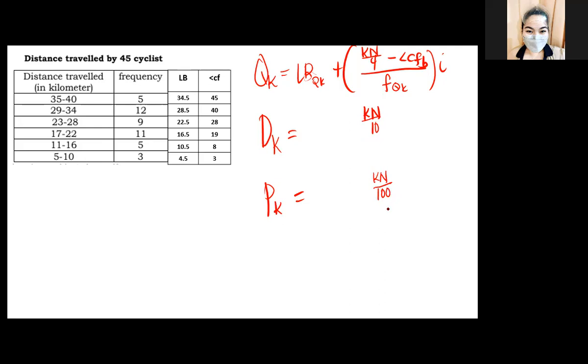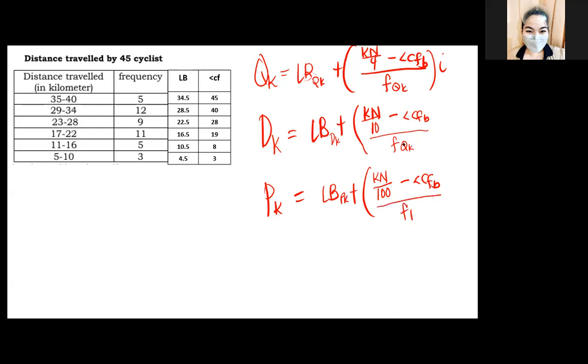Saan lang sila magkakapare-pareho? Pare-pareho sila na mayroong lower boundary, siyempre lower boundary nung class nila. Then, pare-pareho din silang may subtract sa cumulative frequency below. Then, pare-pareho din merong divided by the frequency.